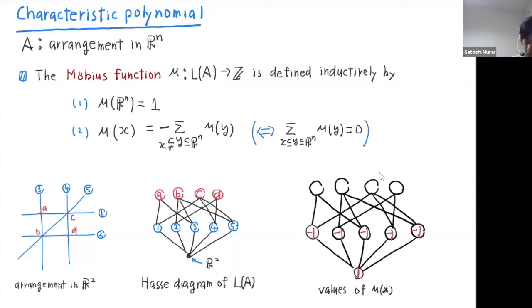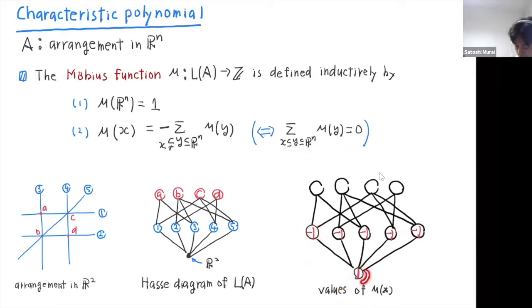This is because of this condition. Suppose this element is x. The condition says that if we consider the elements which are below x, then the only element smaller than x is just R^2, and the sum of these two elements must be 0.